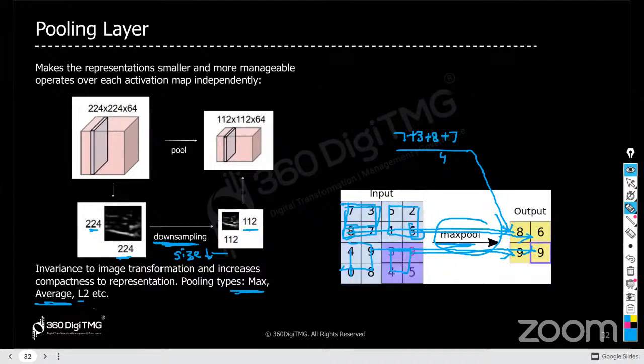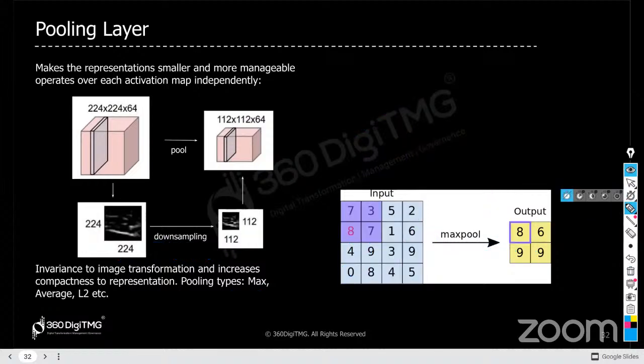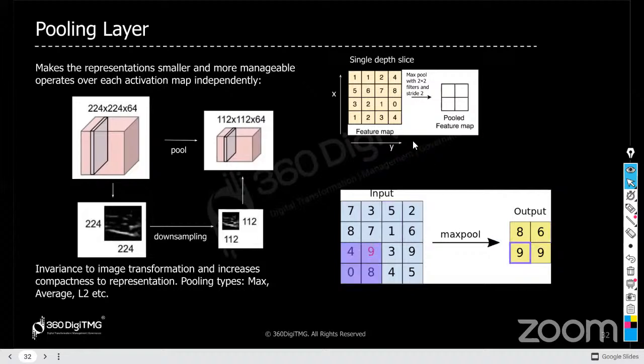And when we go to L2, you take all the values, square them, and take the square root of it. That will be your output value for L2 pooling. So these are the 3 pooling types. Ultimately, pooling is useful to reduce the size of your input or output. So see, this is max pool and this is the feature map. This is what happens.